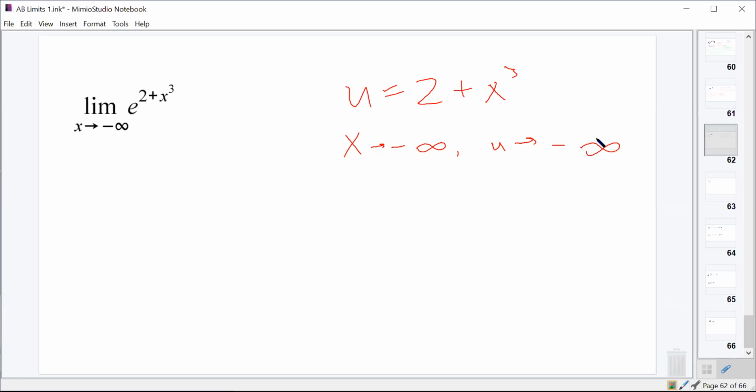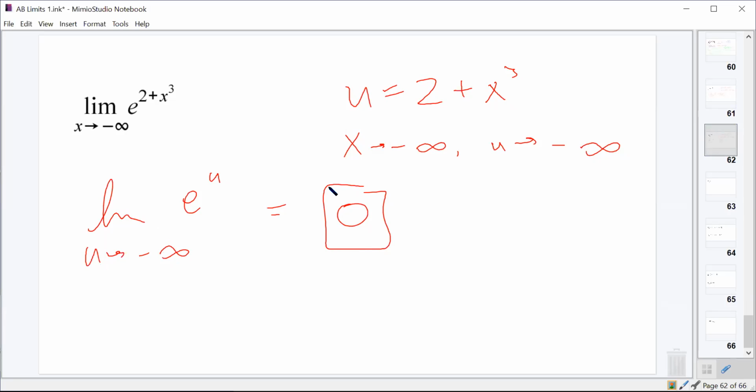Good. So we have the limit as U approaches negative infinity of e to the U, which is 0. Perfect.